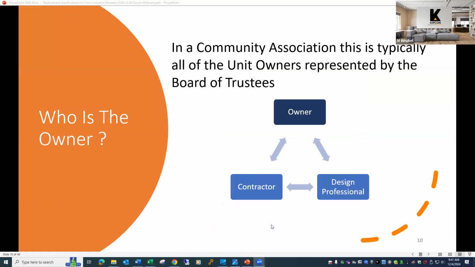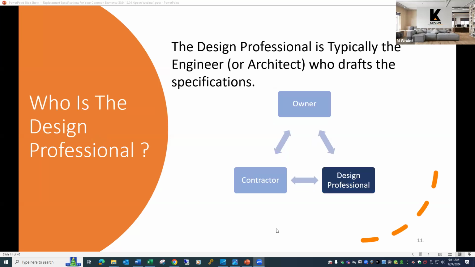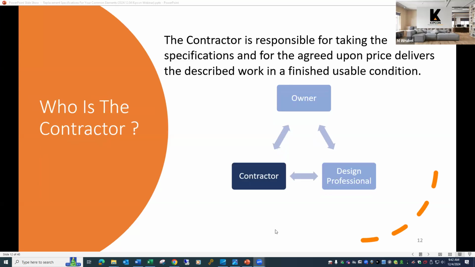There's often a board who needs to make decisions along the way in terms of selecting a contractor and in terms of being informed during the process. The design professional, who contracts directly with the owner, prepares the plans and the specifications, which become part of the contract. And of course, the contractor provides the construction services.